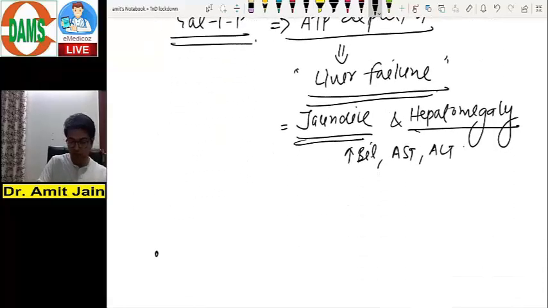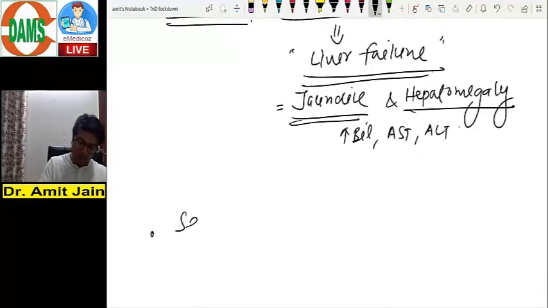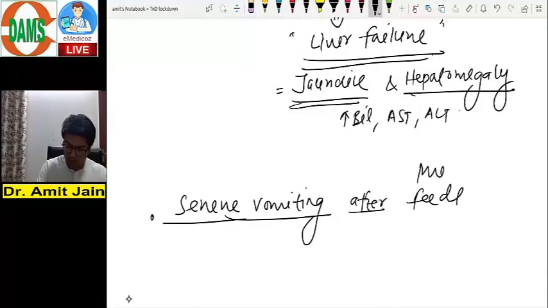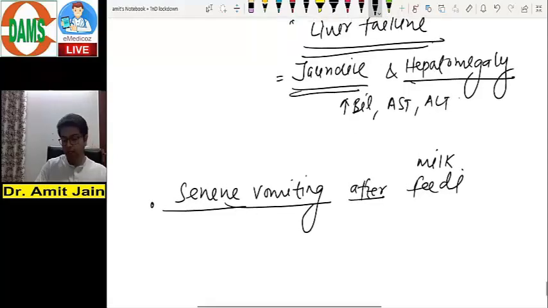Then the second feature is severe vomiting after the feeds, breastfeed or milk feed. Suppose the baby was not given breastfeeding, but the milk was given in a different way, as a bottle fed infant. It may again be severe vomiting.